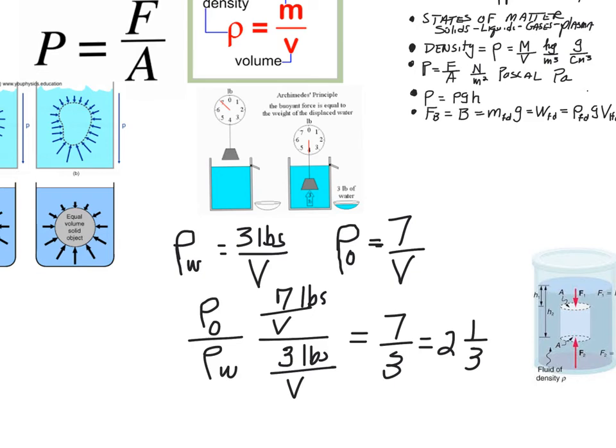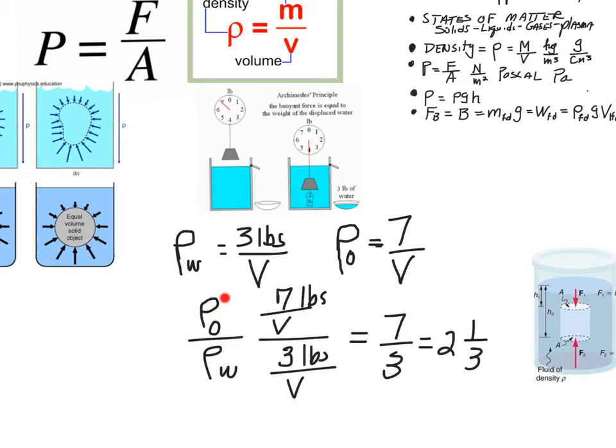Okay, here's the shortcut way of doing it. So we see that the volume of the object and the volume of the water are the same, because that's how much water spilled, right? So the density of water is 3 pounds by that amount of volume. And the density of the object is 7 pounds, I forget the pounds, by that amount of volume.